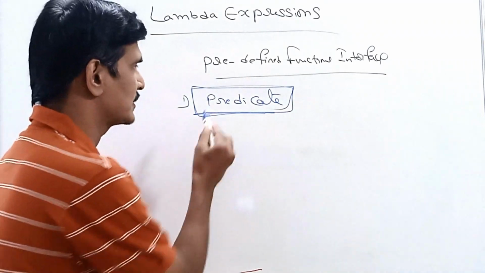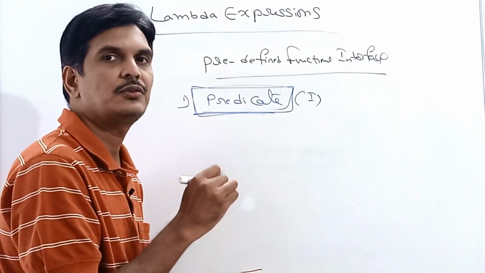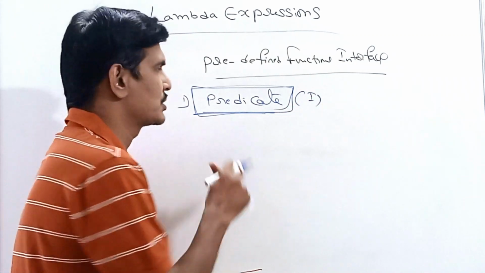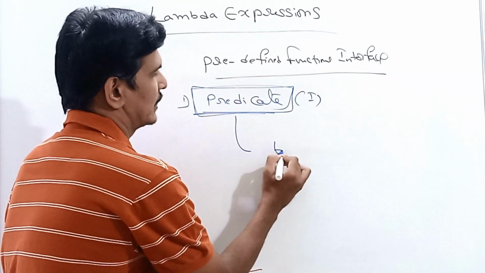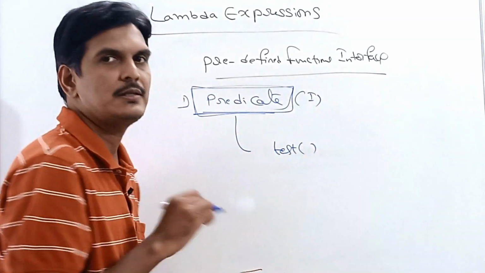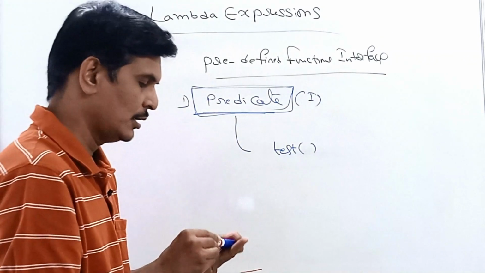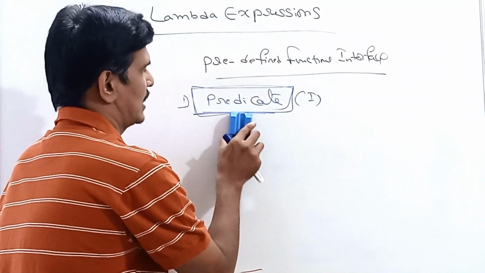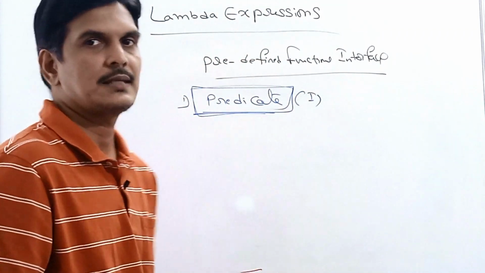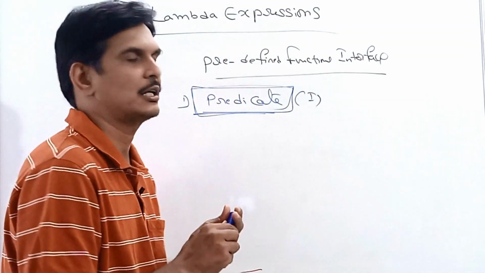Predicate is a functional interface which contains only one single abstract method, and the method name is test. This is the only abstract method this interface has. Functional interfaces contain only one abstract method.